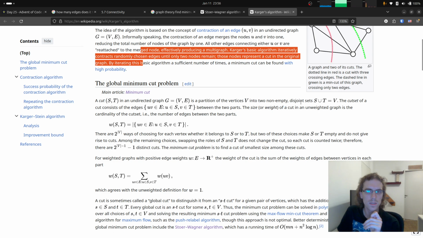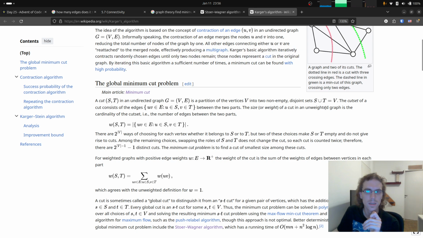Two non-empty disjoint sets S and T, where the union of those is V. V is the set of vertices, I guess. Yeah, the graph. So this is very typical nomenclature of graph theory. Like a graph is a set of vertices and a set of edges. So okay, an ST partition.